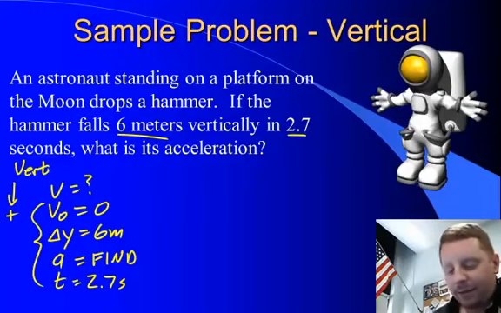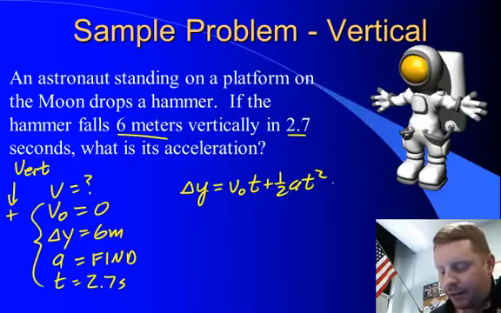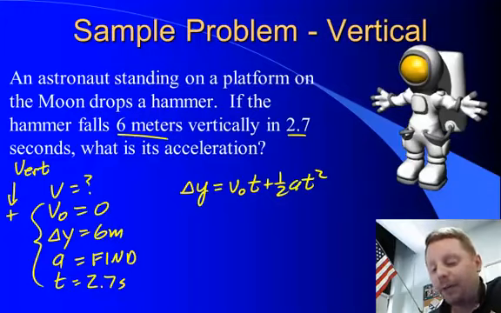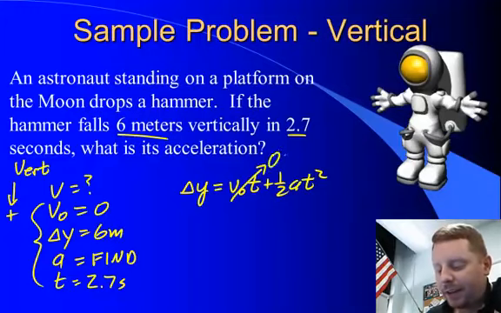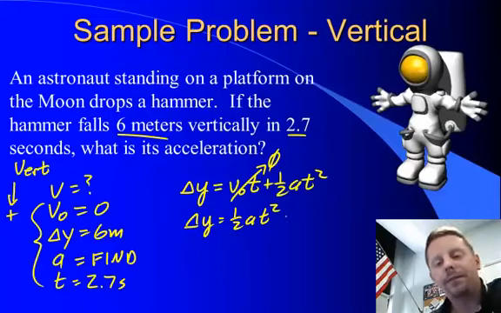And the one that comes to mind is delta y equals v naught t plus 1/2 at squared. And what's really nice about this problem is v naught is 0, so 0 times anything is 0. This simplifies to delta y equals just 1/2 at squared.